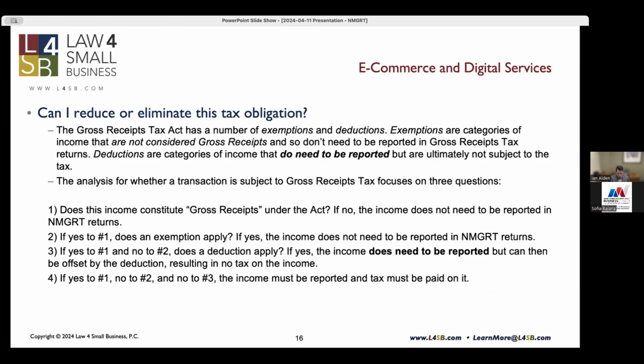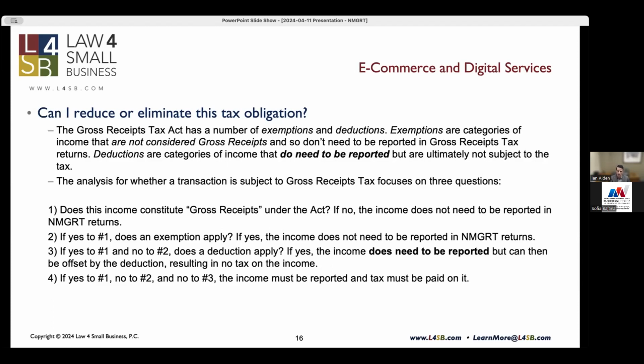Assuming for a second it is, then you look at, does an exemption apply? You look at the tax code and the list of exemptions, it's about a mile long. If an exemption applies, it doesn't need to be reported in the gross receipts tax returns. You may have a situation where you have a bunch of income that is not subject to gross receipts tax, either it's not gross receipts or it's exempt.